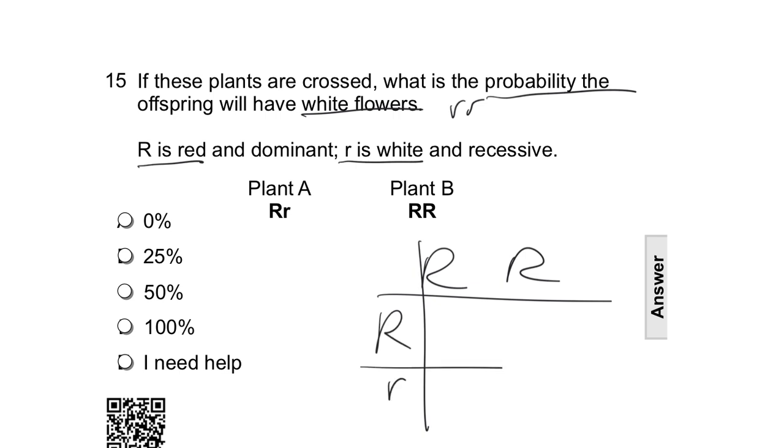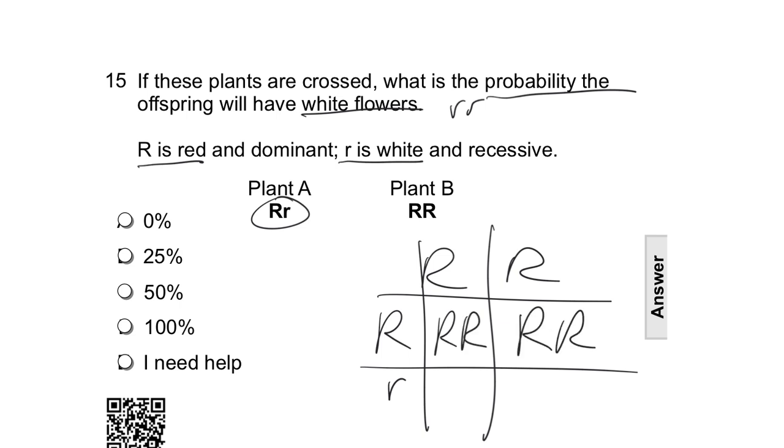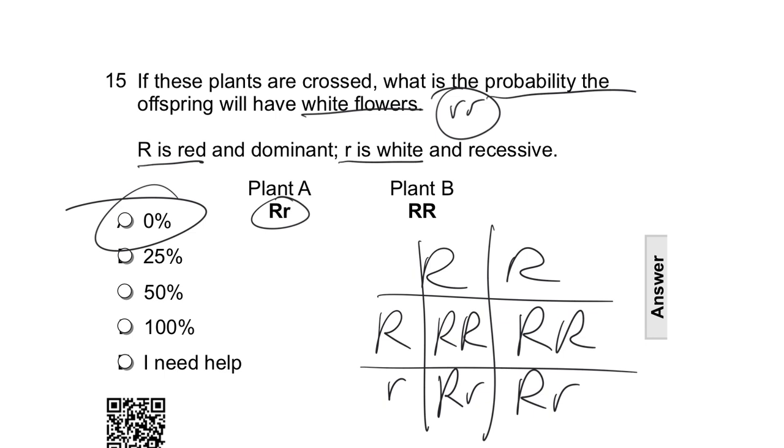Put the parents, split up the parents into individual alleles because that's what happens during meiosis. Then I do the Punnett square. I see that there's no way I'm going to get little r, so 0%. 100% chance that you'll be red flowers.